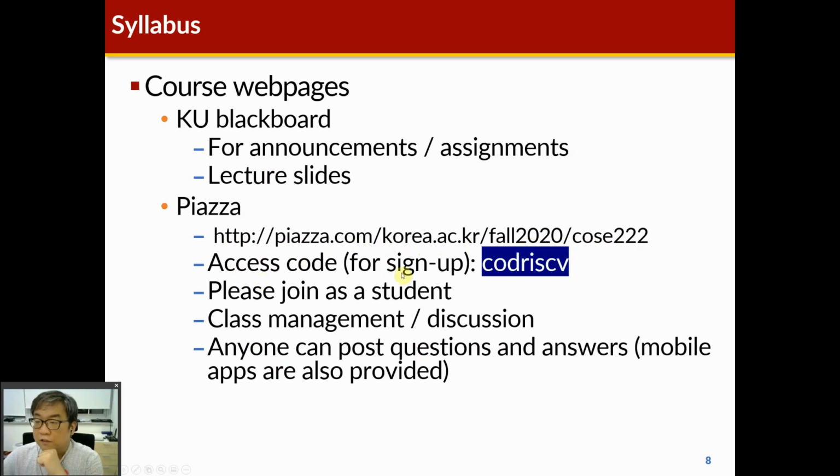To sign up on Piazza, you need the access code, which is COD RISC-V, Computer Organization and Design RISC-V, the name of this textbook. Please join as a student, not instructor or TA.